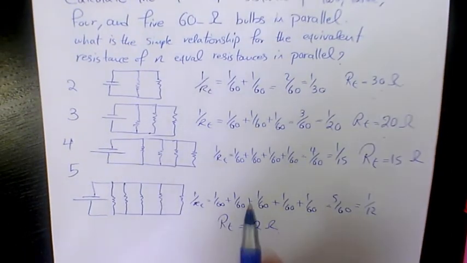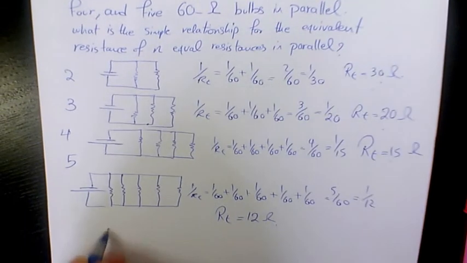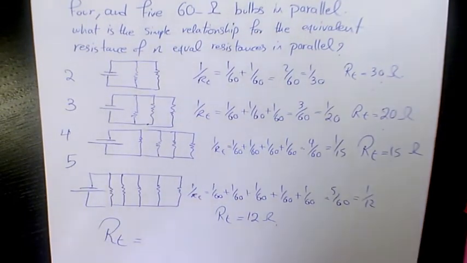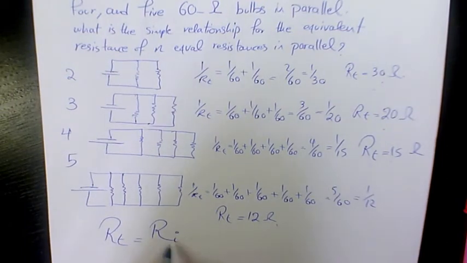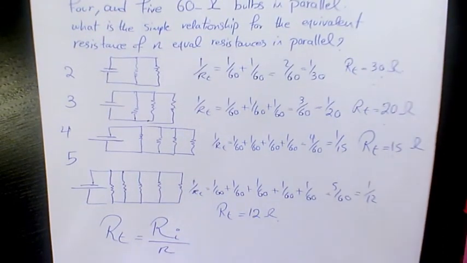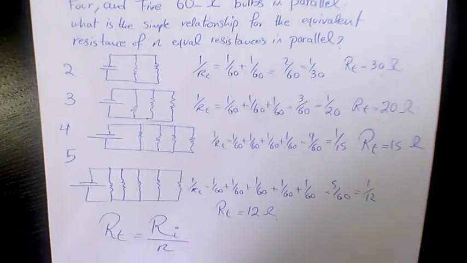So how do we find the generic formula? We can say RT, which is the equivalent resistance, equals Ri, which means the resistance of each resistor, divided by N, which is the number of resistors in the circuit.